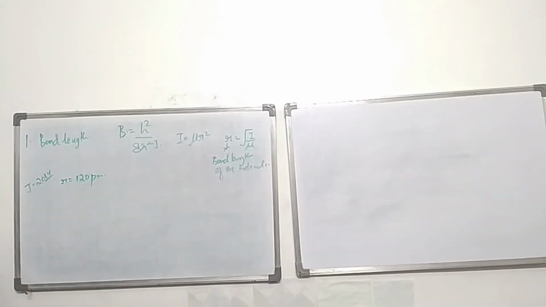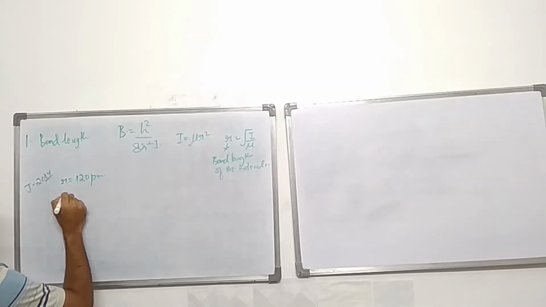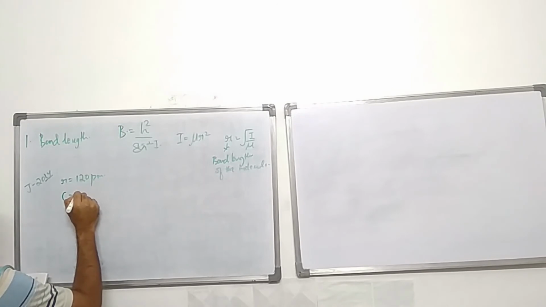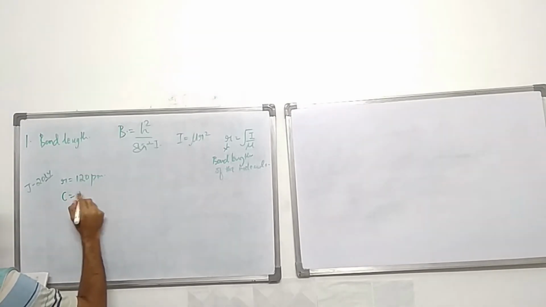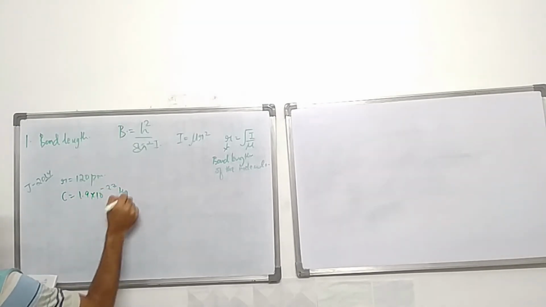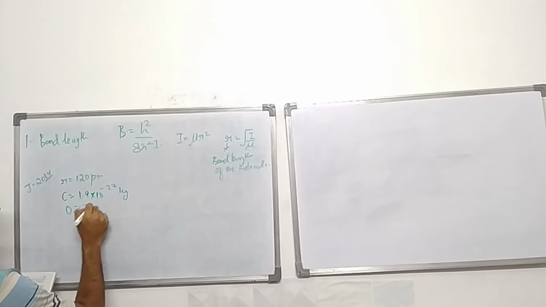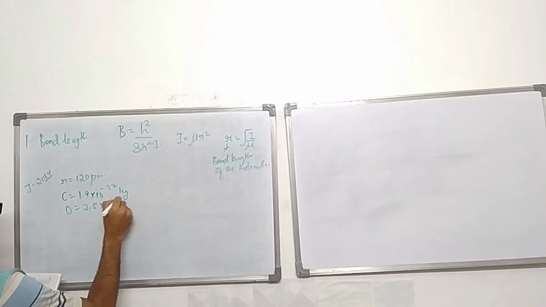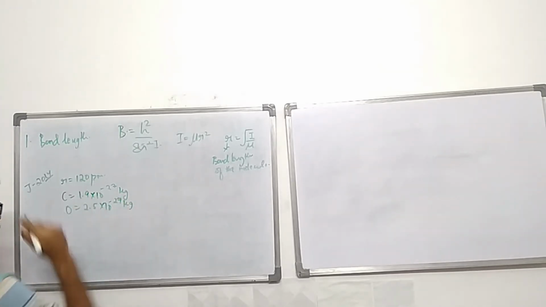The moment of inertia of CO2 would be close to, and you are given the mass of carbon to be 1.9 into 10 power minus 27 kg, and O to be 2.5 into 10 power minus 27 kg.